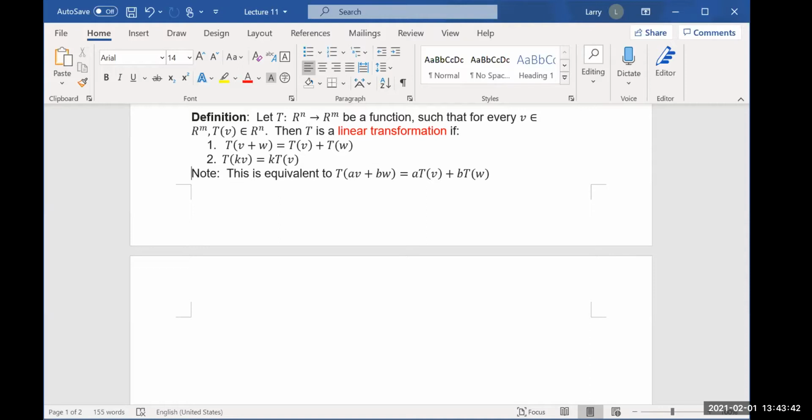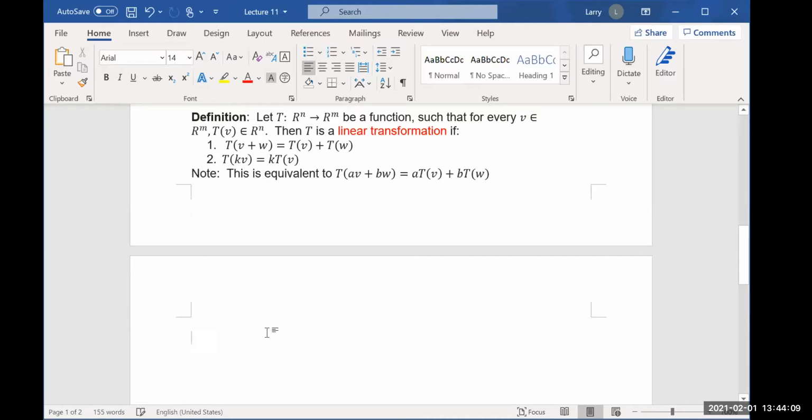And if you let a be k and b be 0, you get number 2. But I really think it's easier to do this as 2 properties than 1. Okay, a lot less messy typically. Any questions on this definition?